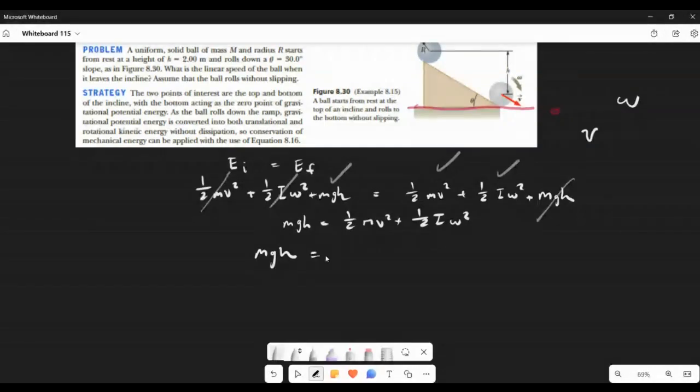So in this case, we also have half mv squared. Obviously, we can already see we can divide mass out here. It's quite common through all of them. Plus half I omega squared. If you look at the previous page, this is a solid ball. We can model it as a sphere, and if you recall, the formula for the moment of inertia of a solid ball will be 2/5 m r squared. Do you guys agree with me? Just look at that. Just let me know for sphere. That's what it should look like.